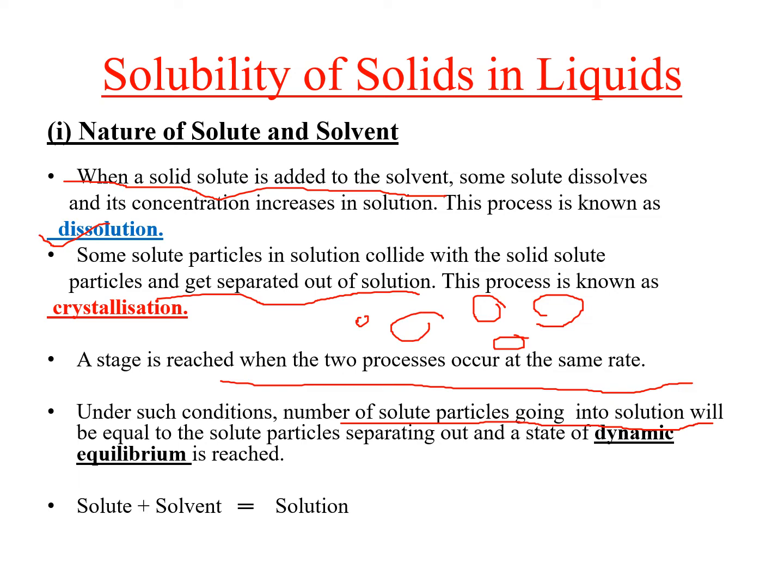At that time, the formation of solution takes place. When dissolution and crystallization are in equilibrium, then formation of a solution takes place. It means on adding solute to the solvent, when the equilibrium state is reached, they form a solution.